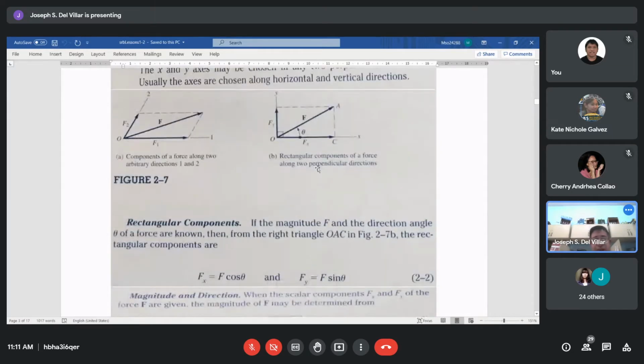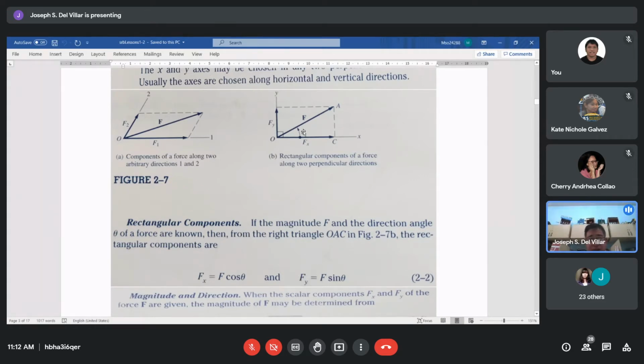Now, to get Fx, we have F cosine theta because Fx is adjacent to this angle. We derive this equation from this right triangle, with the right angle at C, 90 degrees. So F cosine theta is equal to Fx.